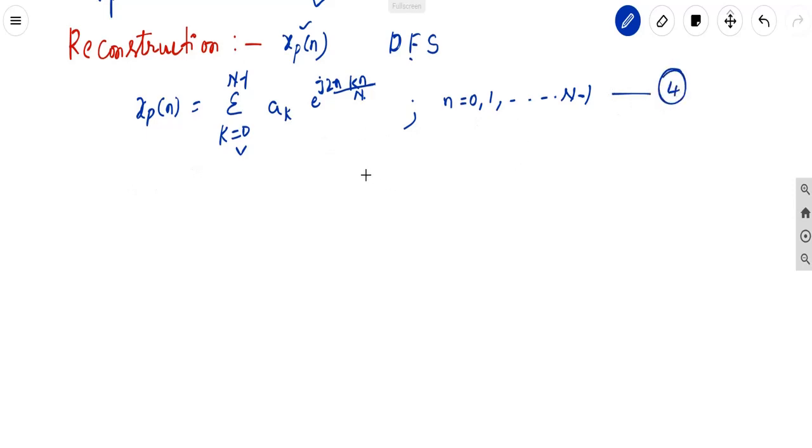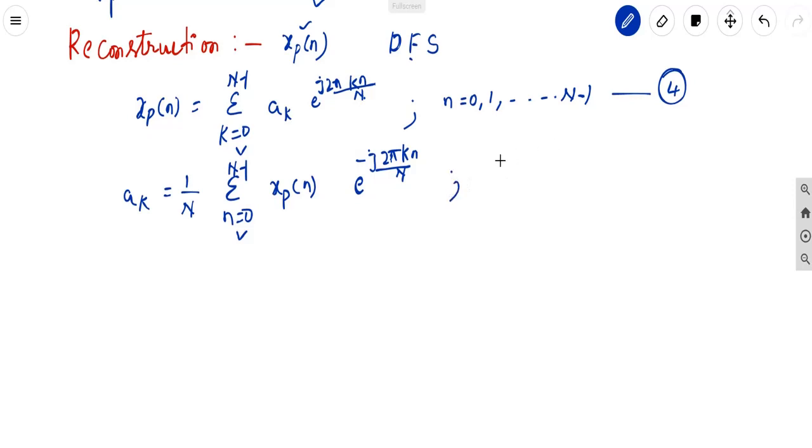Now next we will define the Fourier coefficient, that is a of k. A of k is defined as 1 by N summation n is equal to 0 to N minus 1 xp of n into e to the power of minus j 2 pi k n divided by N. We have already defined n here.